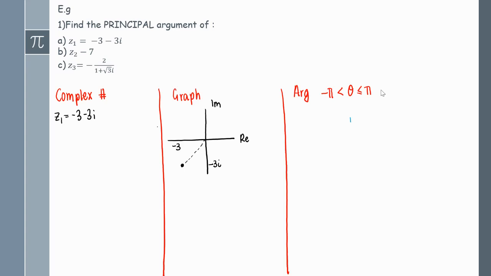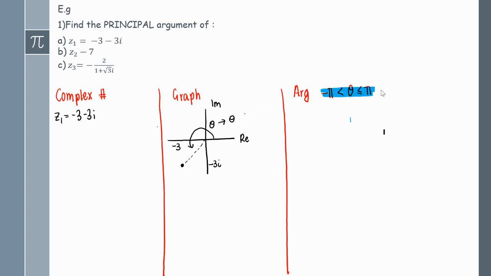So for my argument, I start at the positive real part of my axis, the horizontal axis, and I have to make a choice. I can either have theta go around in the anti-clockwise direction, but if I do this, theta will be bigger than pi. This is outside my restricted domain of the principal argument.